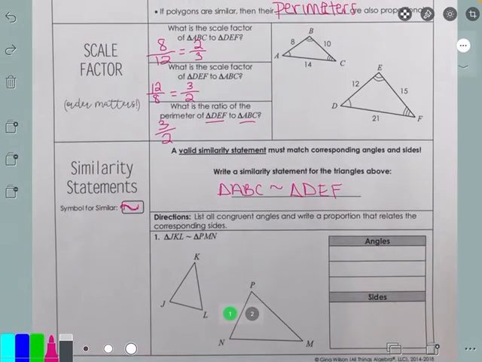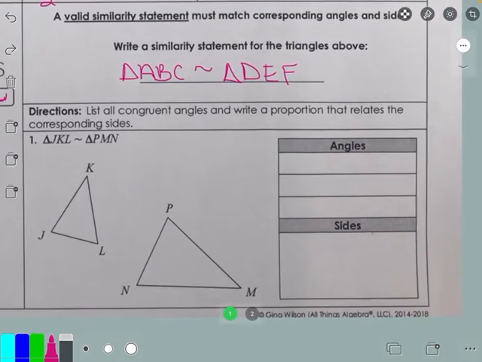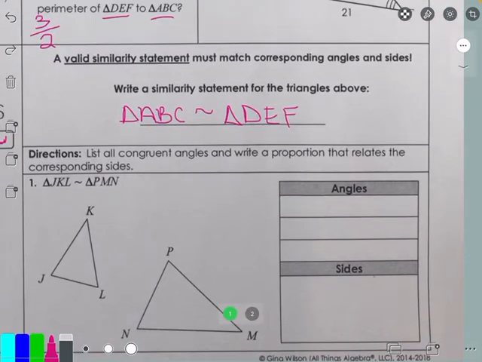So what if something is similar? They're telling us these triangles are similar. That's a lot of information within that you don't realize. If these triangles, for example, JKL and PMN are similar, that means corresponding angles. So for example, J and P, since they're both the first letter of each triangle, those are going to be congruent.